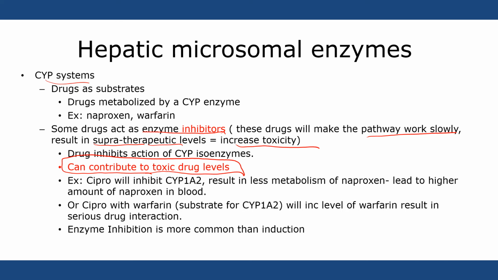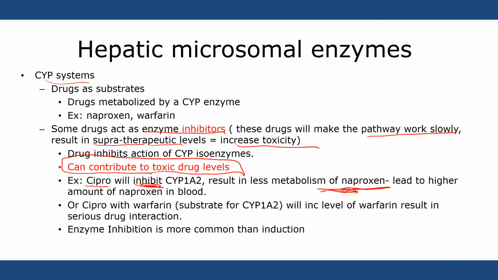The example I have here is Cipro. Ciprofloxacin is an antibiotic, and I'm going to combine this with naproxen. Naproxen is an NSAID, which is a pain medication. So when we take Cipro, Cipro will inhibit. Remember the term inhibit here. It's going to act as an inhibitor. What it will do is it will result in less metabolism of another drug. This is a very complex system, of course.